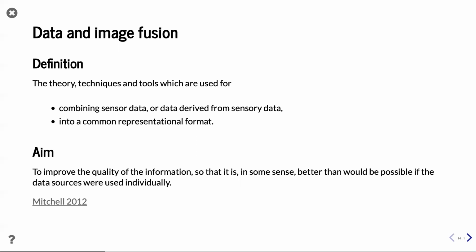So you can see the information from both and enhance it in a single view. And the aim of this is, of course, you want to improve quality of the information. And ideally, you should have more gain than if you only used one single modality. Otherwise, you have wasted your resources.